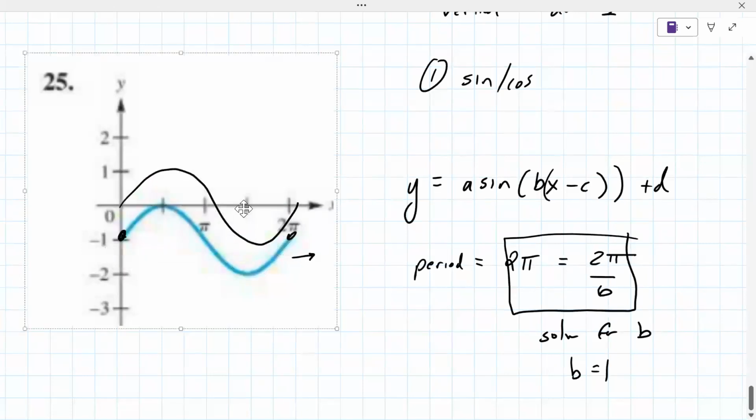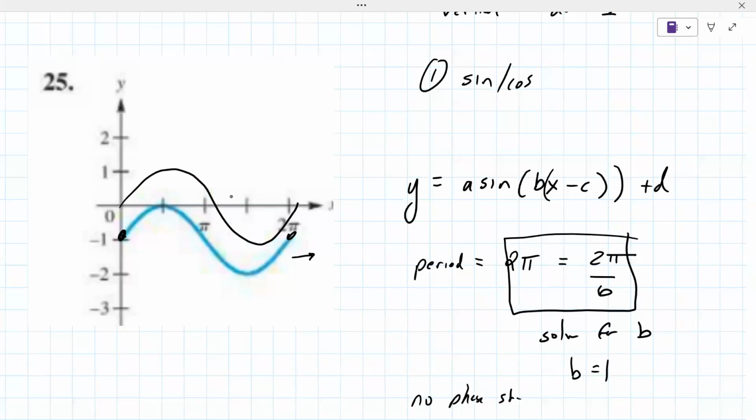Does it look like it was moved right or left or not at all? Oh, this has not been moved at all. This has no phase shift, which means c is 0.